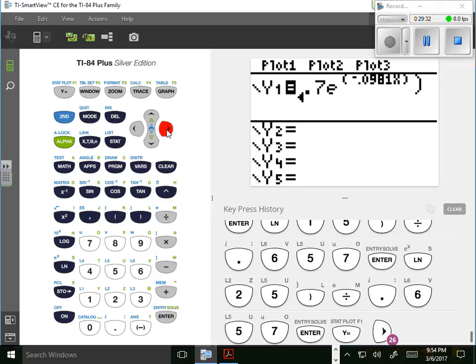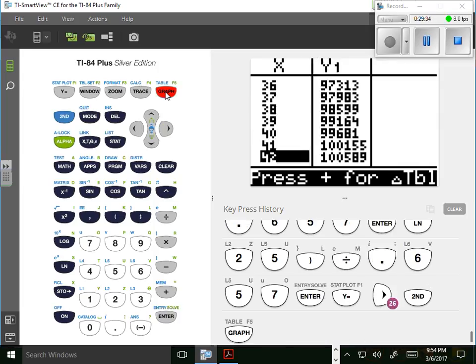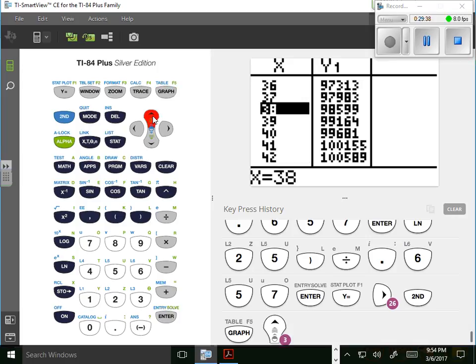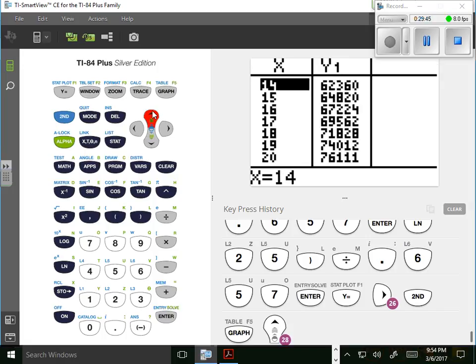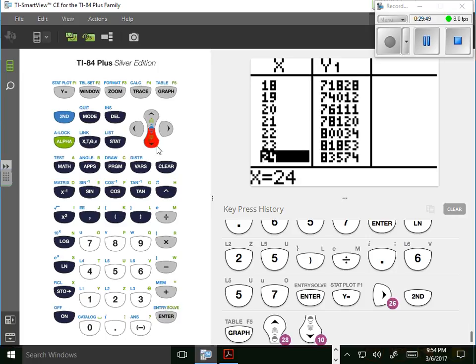And when you go to the table and you see the numbers started out at 0, or even small, or even a little bit bigger, you would see the numbers start to grow as the x values get bigger. The y values are growing.